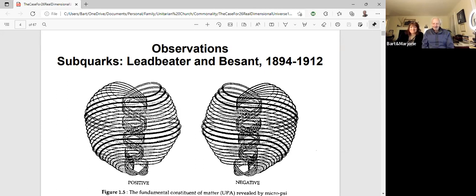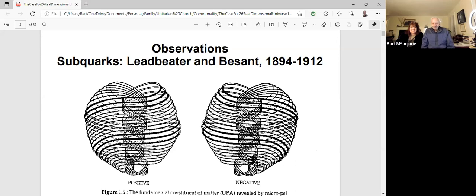So Leadbeater and Besant observed these subquarks that were made up of, there's actually 10 closed strings here. The physicists call them heterotic to confuse things, but it just means closed.